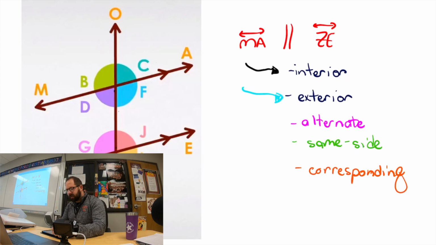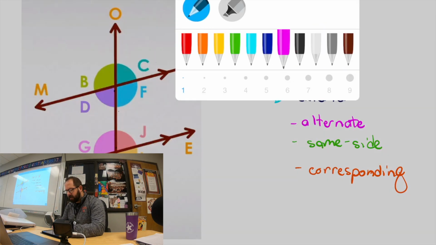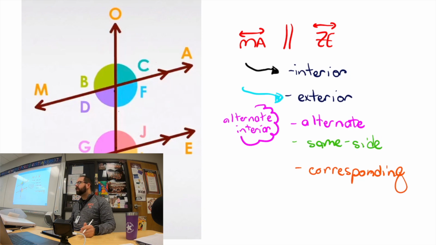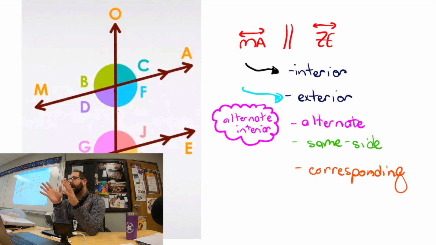So let's deal with this next type. Let's talk about alternate interior. So we're going to get very specific now. We know we're picking from interior because this is the specific type now. Alternate interior, so we have to pick from just the interior: D, F, G, and J, right? Now, for alternates, they're inside.